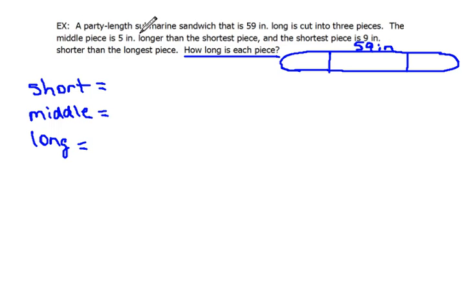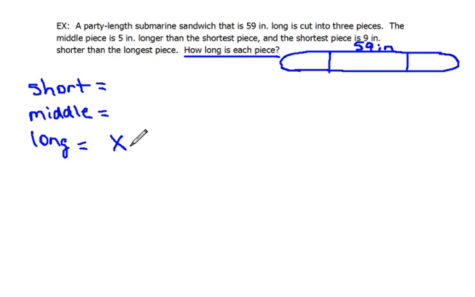The middle piece is 5 inches longer than the shortest piece. So if we knew how much the shortest piece was, we could figure out the middle piece. But then it says the shortest piece is 9 inches shorter than the longest piece. So if I knew how long the longest piece was, then I could find the shortest. And if I knew the shortest, then I could find the middle piece.